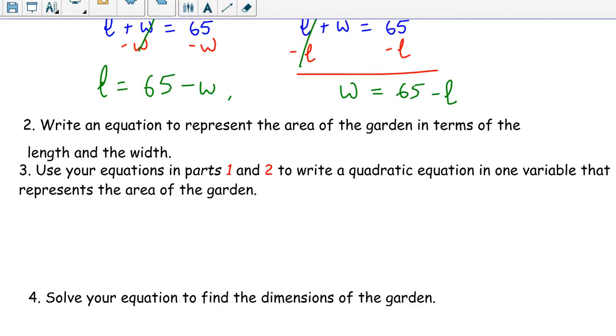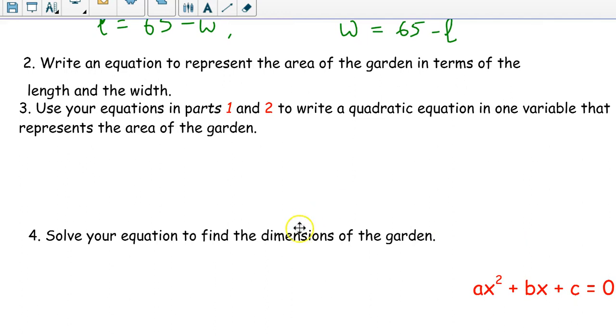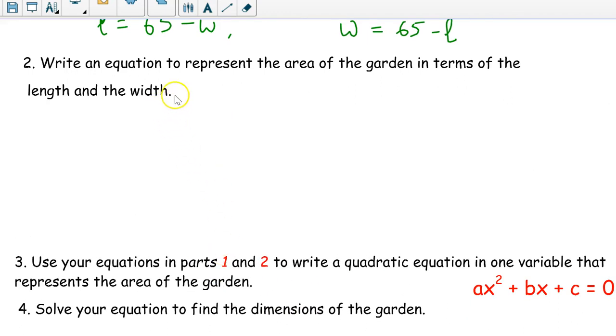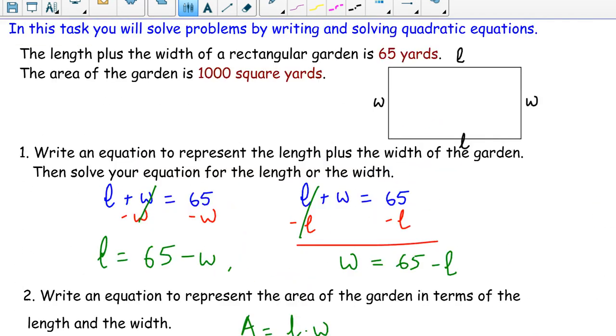Now the second part, we are asked to write an equation to represent the area of the garden in terms of length and width. What is the formula for the area of a rectangle? The area of any rectangle is the product of length and width.